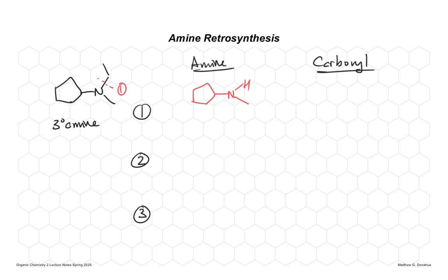And then the other part, since that carbon has 2 hydrogen substituents, it has to come from an aldehyde. So a 2-carbon aldehyde. So if you condense those together, you're going to get an imine, or excuse me, an enamine that when treated with reductive amination conditions gives you that tertiary amine.